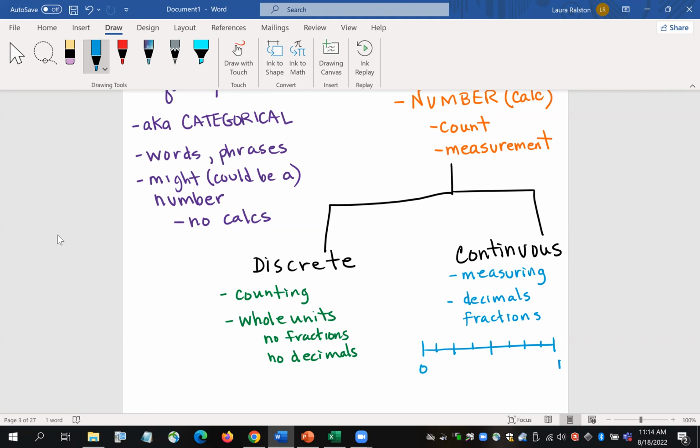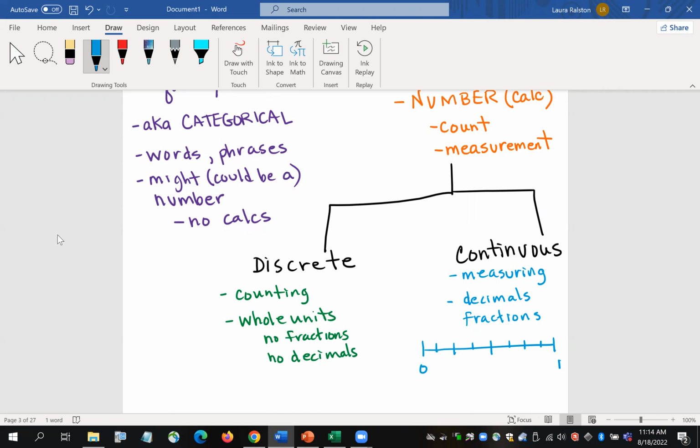We could keep breaking it down into smaller and smaller and smaller units. Think about time. Time, we can talk about it in terms of days, hours, minutes, seconds, microseconds, milliseconds. I mean, we can break it down as far as we want. So continuous, again, is typically associated with measuring, even using measuring blood pressures or temperatures. Again, you can have those decimals or fractions because you could have part of a whole.